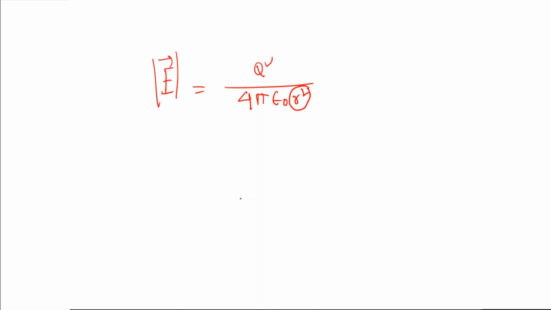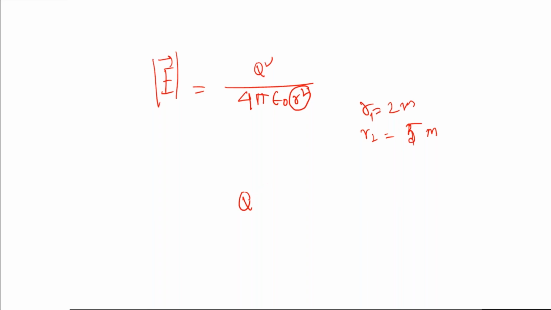Okay. Now see this 1 by r square. What does this mean? If I have capital Q charge over here, and I have a distance r, suppose 2 meters, and then I'll take r to maybe 5 meter away from the charge.